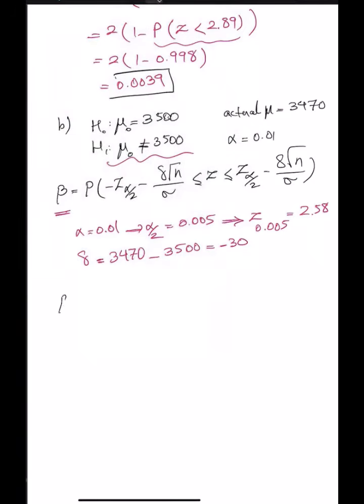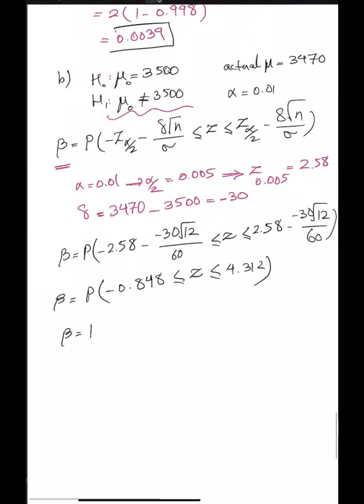With that, beta is going to be the probability of minus 2.58 minus 30 square root of 12 divided by 60 less than or equal to z less than or equal to 2.58 minus 30 divided by 60.